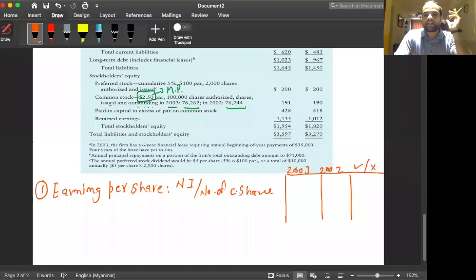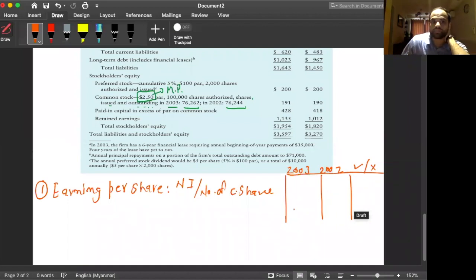So now calculate for 2 years earning per share. It's already given, but make sure you calculate and you check whether you are correct or not. It's 0.23 and 0.15, which is good.